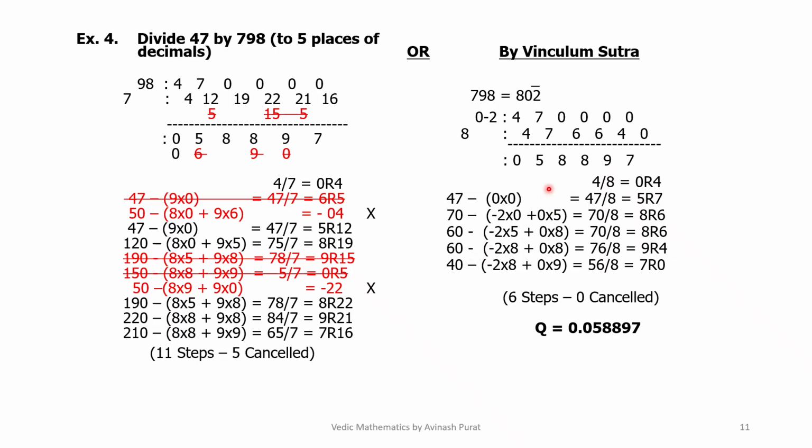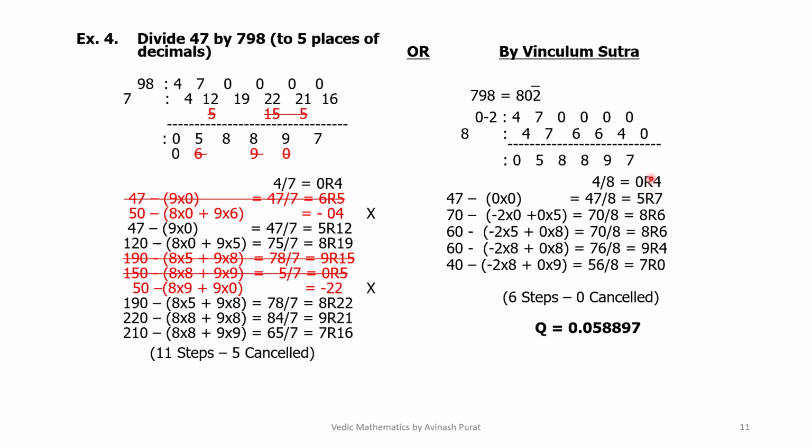So 60 minus 2 into 8 plus 0 into 8, that is again 16 is added to 60, 76 divided by 8 is 9 or 4. 4 is remainder. Now 40 minus 2 into 8 plus 0 into 9, that is 16 is added to 40. 56 by 8 equal to 7 or 0.